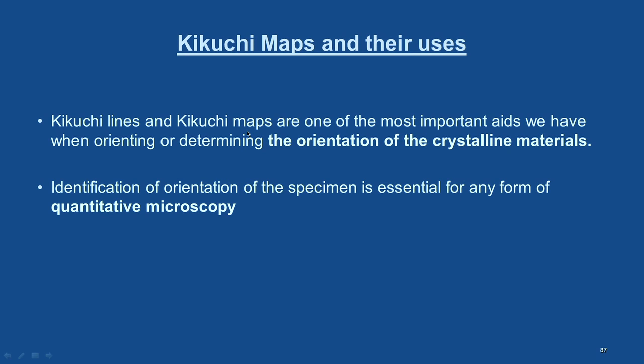So the Kikuchi lines and the Kikuchi maps are one of the most important aids we have when determining the orientation of crystalline materials. Identification of orientation of the specimen is essential for any form of quantitative microscopy. So, this is one major application here, quantification.